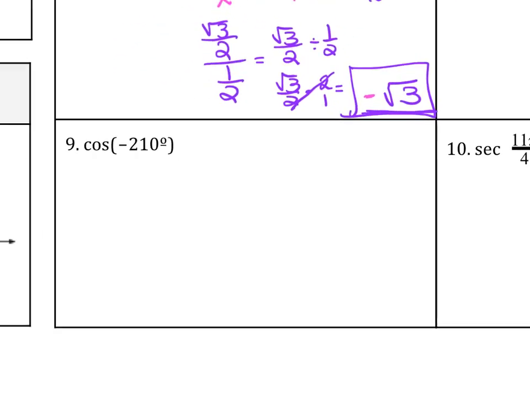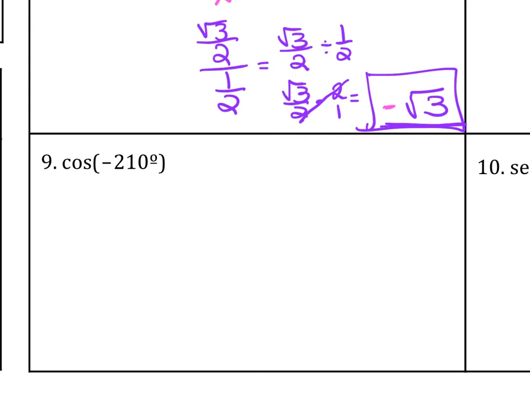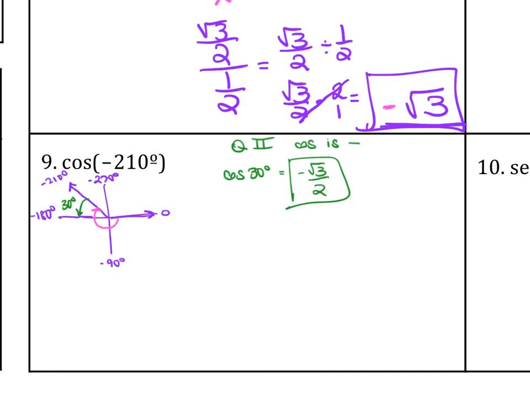So before we get to the radians, go ahead and try number 9, cosine of negative 210 degrees. As a hint, sketch it out first. See if you can find it, and then use the table to help you out in referencing the signs. If you tried this out, you would find that it ends up in quadrant 2 at negative 210 degrees.